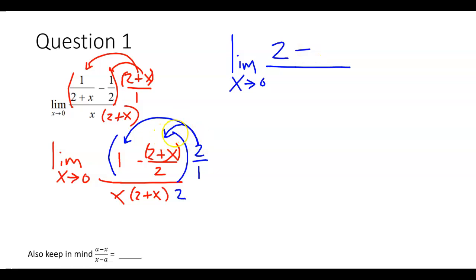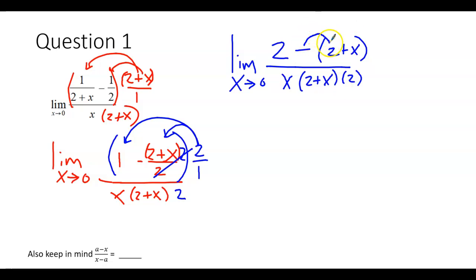And if I distribute here, I'm just going to be putting the 2 there, right? And those are going to cancel. So all I'm left with is this. And now on the bottom, I have x times 2 plus x times 2. Okay, and then we're going to simplify from there.